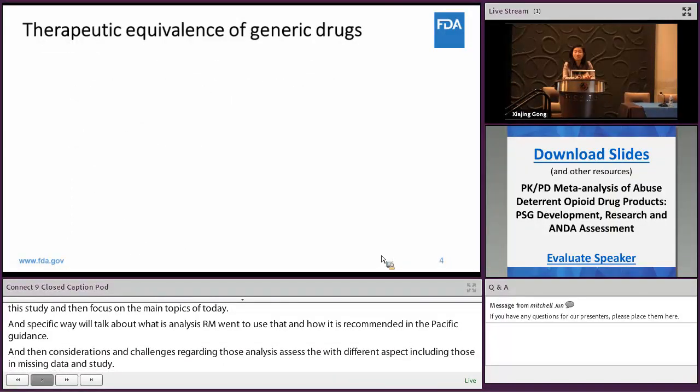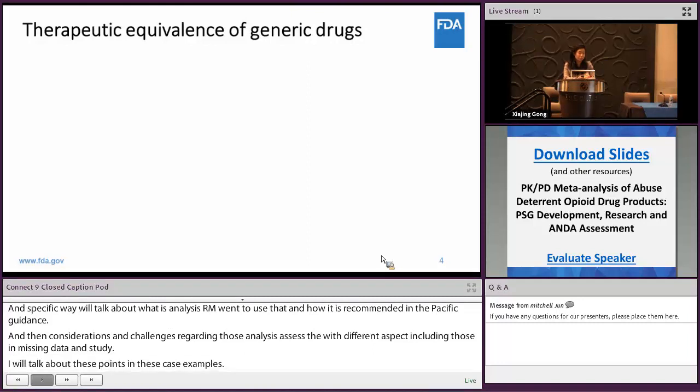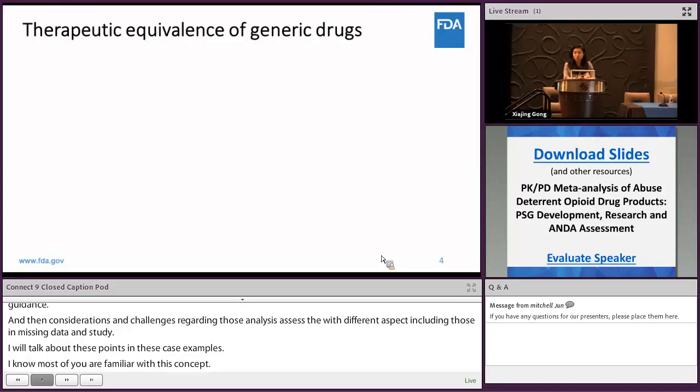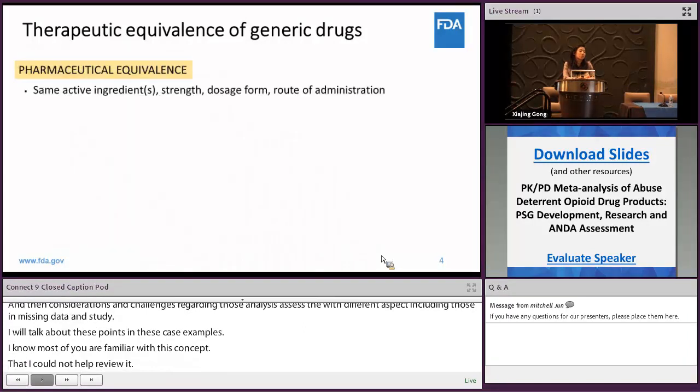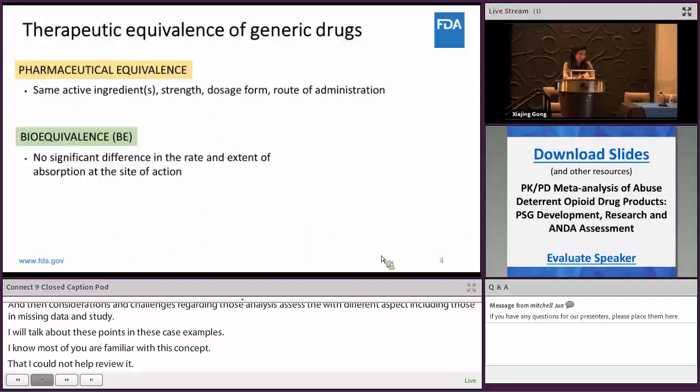I know most of you are familiar with this concept, but I couldn't help reviewing it because it's the foundation of our talk. In order to establish the therapeutic equivalence of a generic drug to its RLD, the generic drug needs to be pharmaceutical equivalent as well as bioequivalent.